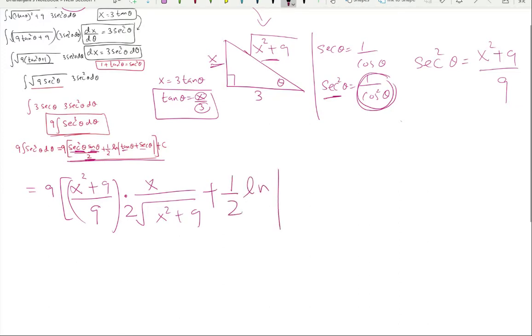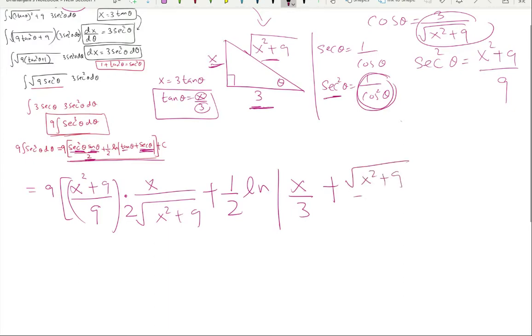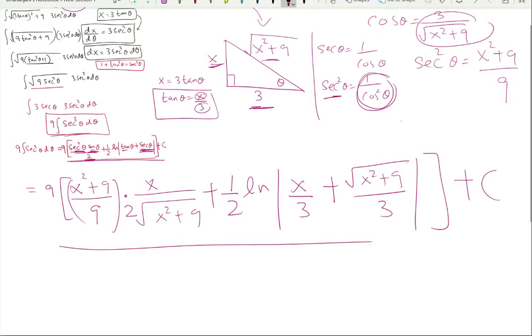Well, tangent is opposite over adjacent, so it's x over 3 here, plus secant theta. Secant theta is 1 over cosine theta. So what is cosine theta? Cosine theta is 3 over the square root of x square plus 9. So secant theta is the reciprocal of this, the square root of x square plus 9 over 3. Oh wow, okay, so this is the final solution.